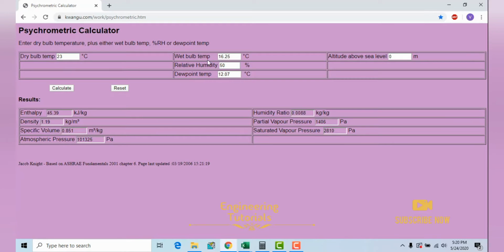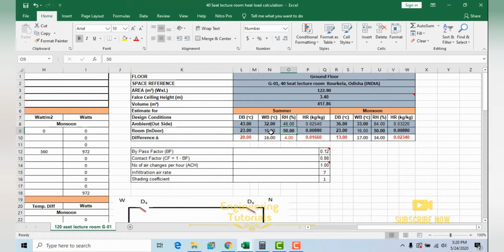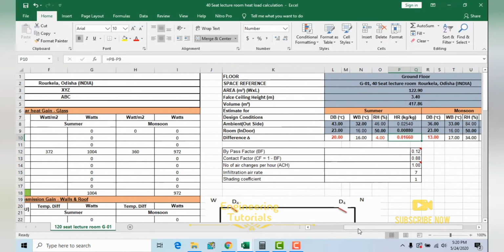If you calculate, wet bulb is 16 and humidity ratio is 0.0088 kg per kg. So 16 and 0.0088. Same way you can do for monsoon, and then you will calculate the difference for each, because we are going to use this temperature difference and humidity ratio difference in our calculations.